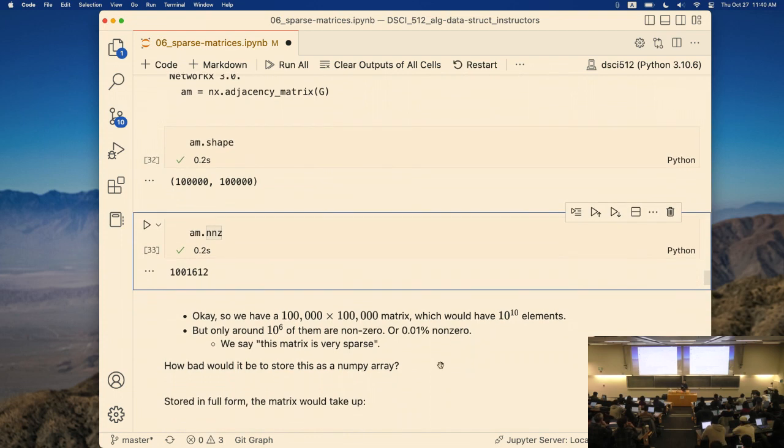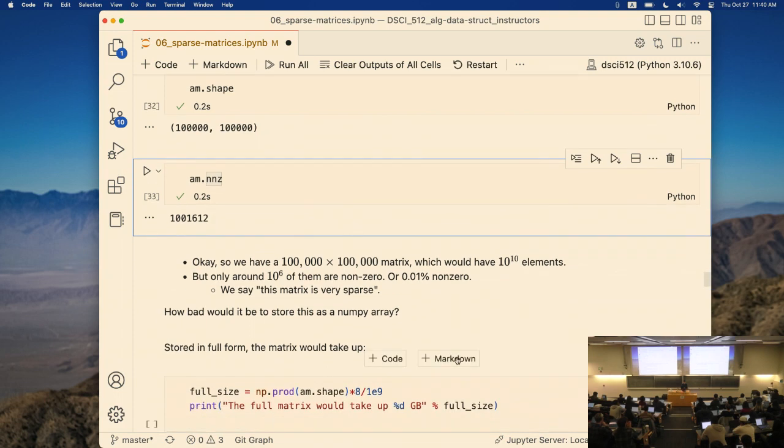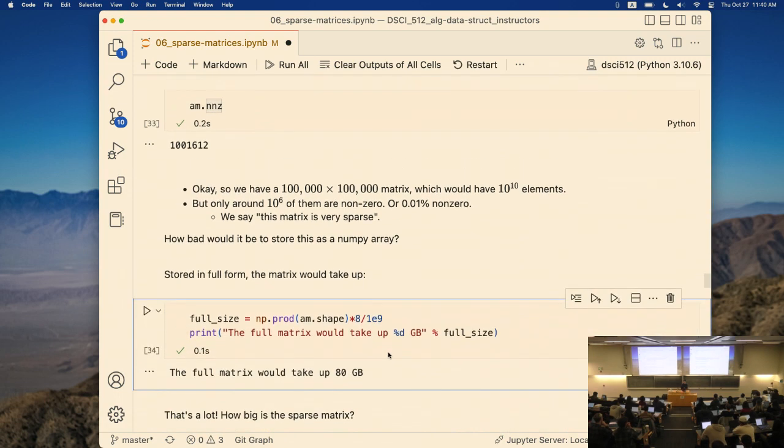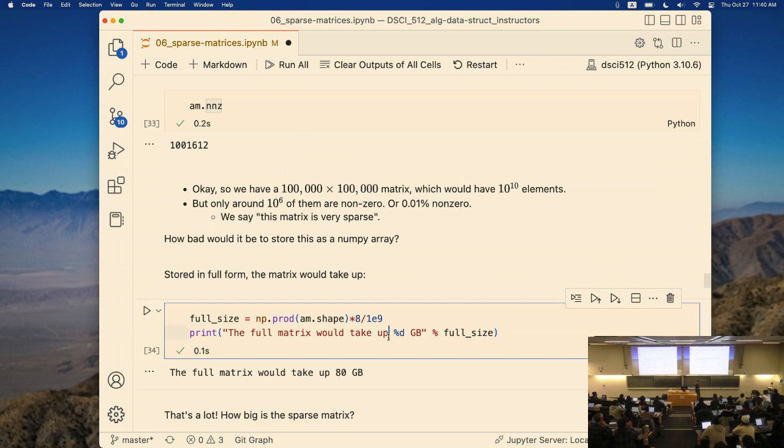And you want to see how bad it would be to store this as a NumPy array. So if we store it in full form, yeah, it takes 80 gigabytes. So you can shut down the computer, go home, because we can't deal with graphs of this type, even with just 500,000 edges. That's nothing.